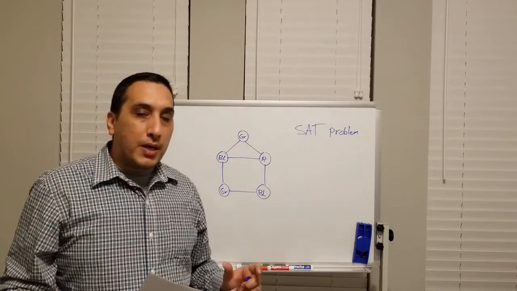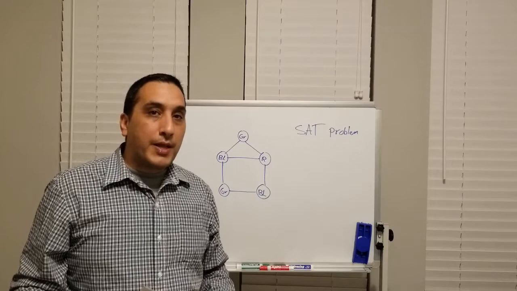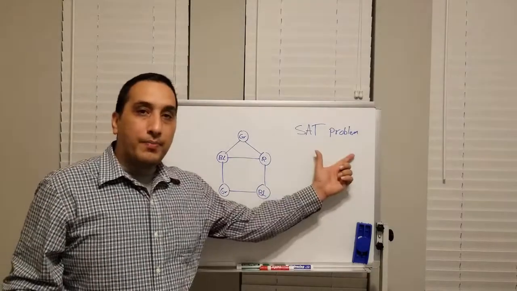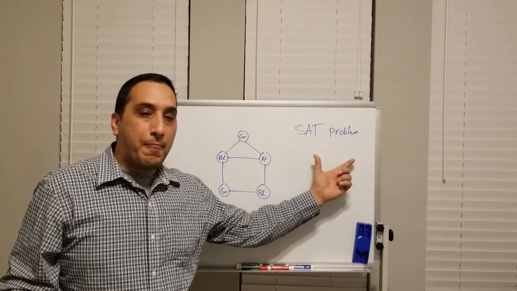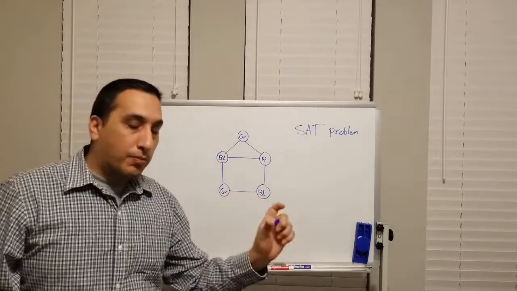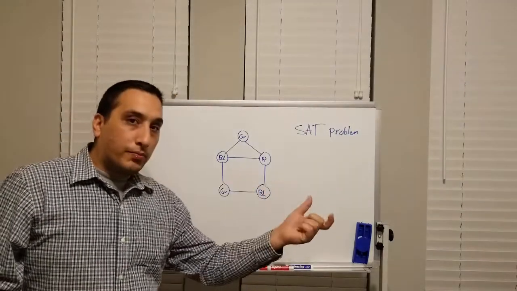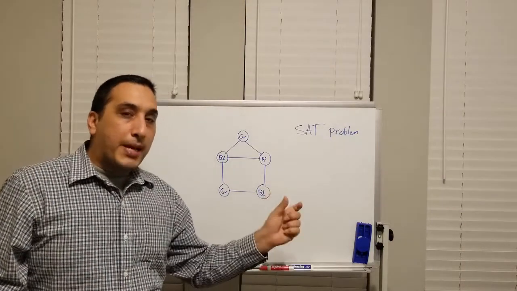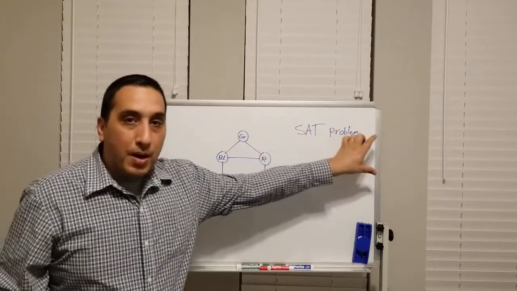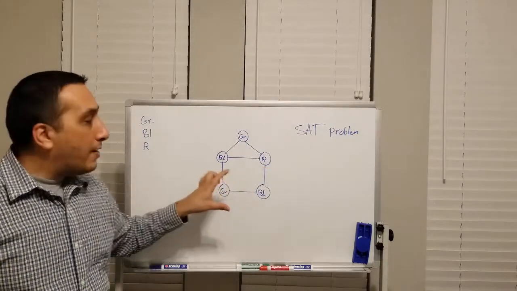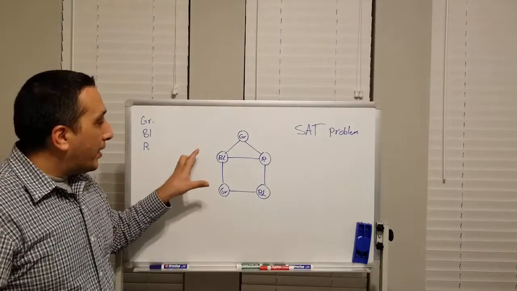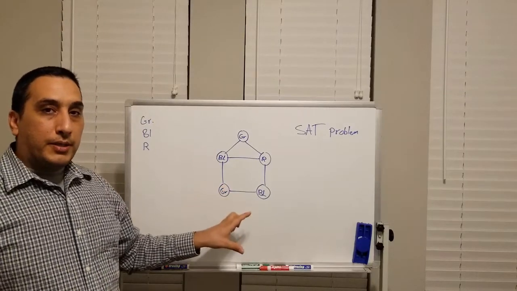I'm going to start from the satisfiability problem, which we have already proven to be NP complete, and I'm going to try to convert it in a smart way, reduce it from the SAT problem to the three coloring problem. If I am able to do that, then I can say that the three coloring problem is NP complete.